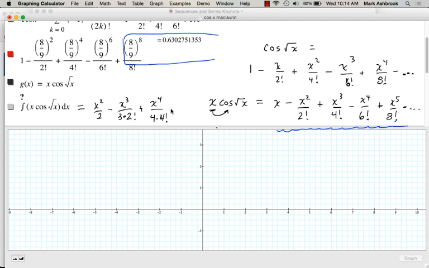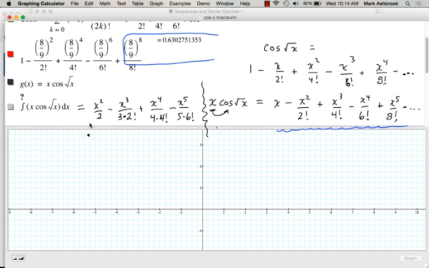Yeah, minus x to the 5th. Etc. See what he did? So we're just doing the antiderivative now, which is easy for a polynomial. So this is a big advantage to these power series. Polynomials are easy to work with. And with a Maclaurin and Taylor series, we can write any function as a polynomial, or with an infinite number of terms.